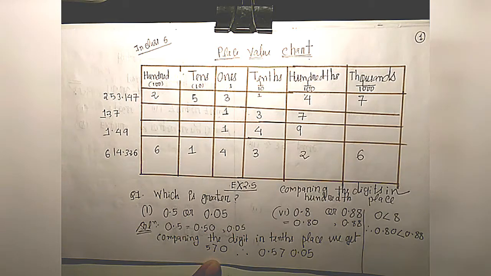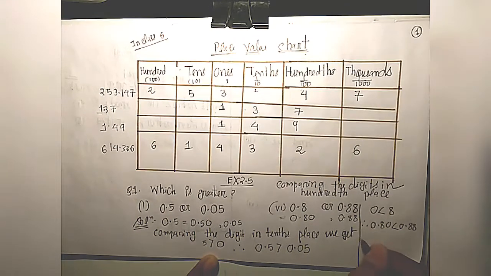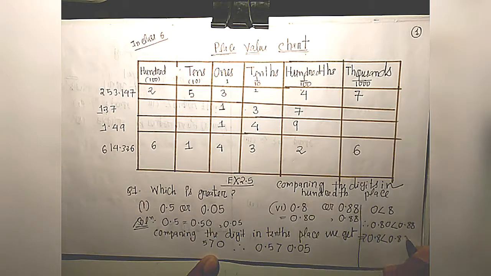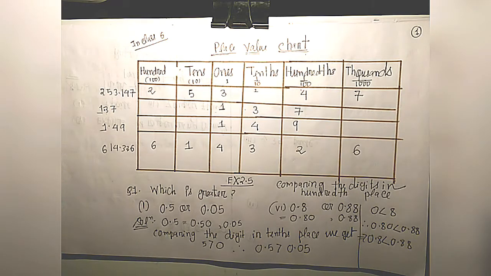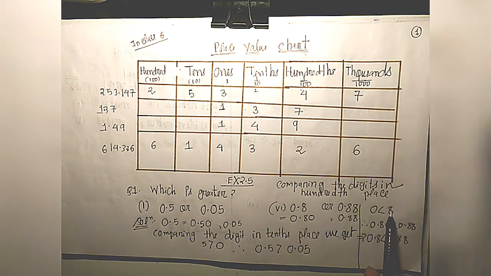It means 0.80, that is 0.8, is less than 0.88.